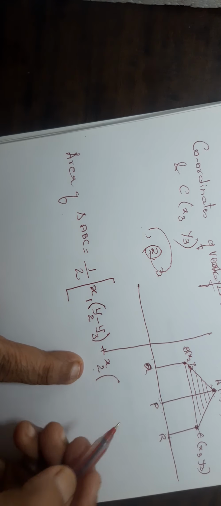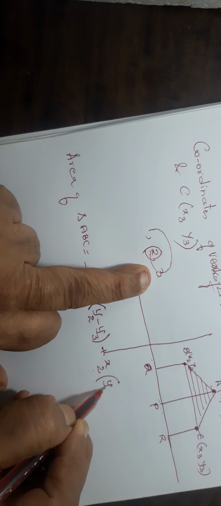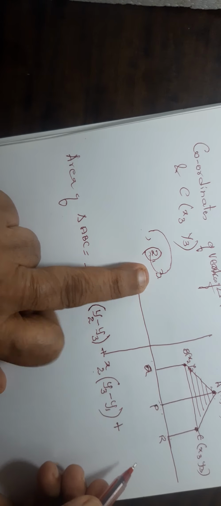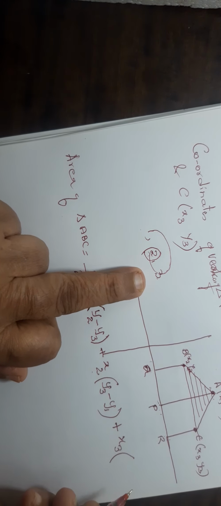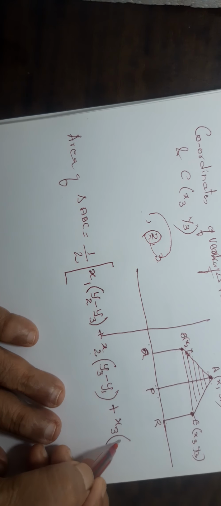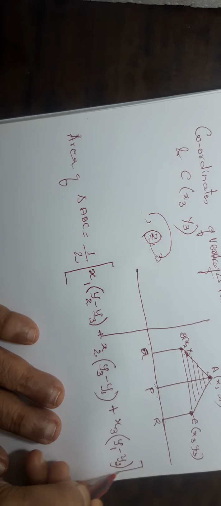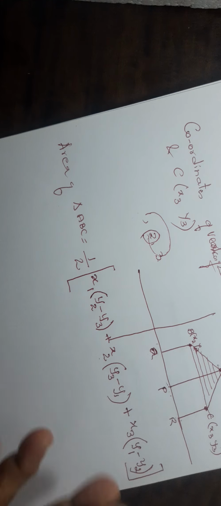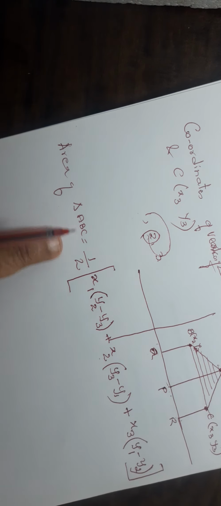If it is x2, then for y it will be y3 minus y1. Plus now x3 will come, and if x3 comes, then the y terms will be y1 minus y2. So this 1 2 3 comes in cyclic order. This is the formula for the area of triangle ABC.